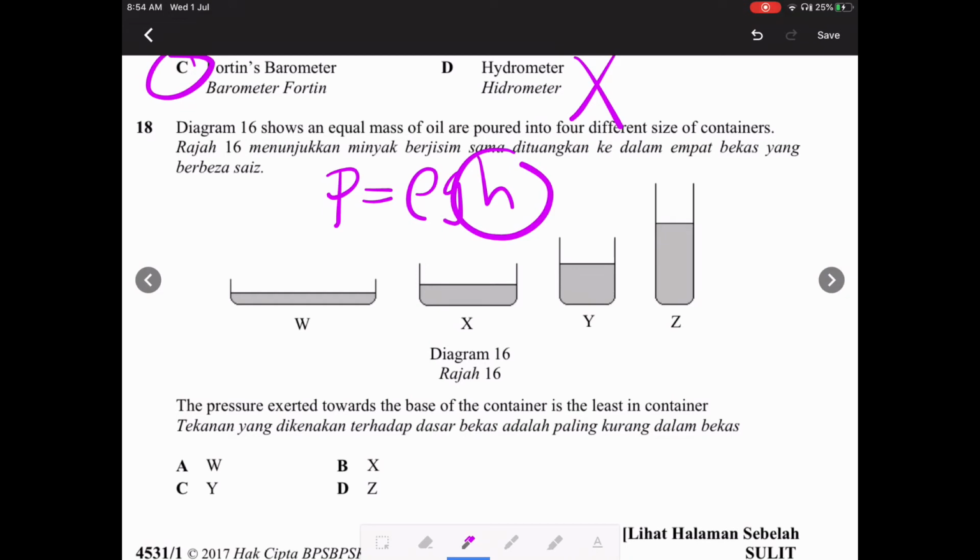Sebab dia kata 4 different size of containers. Equal mass of oil. Maknanya density oil dia adalah oil yang sama. Okey, jadi dia dipengaruhi oleh, so density sama, G sama. So dia hanya dipengaruhi oleh height. Jadi height yang paling rendah ialah W. So the answer is W.